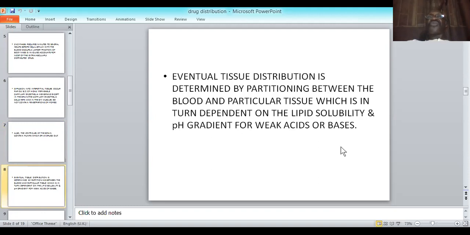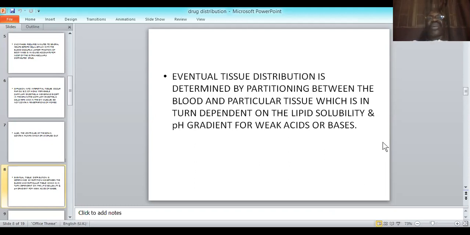Now, what I've said so far is that during the first phase of drug distribution, which spans a few seconds, most of the drug being pumped with the blood out of the heart will get first, rapidly, and to a greater extent into tissues that receive better regional blood flow.